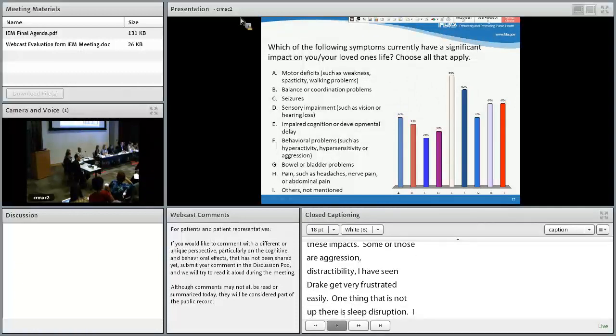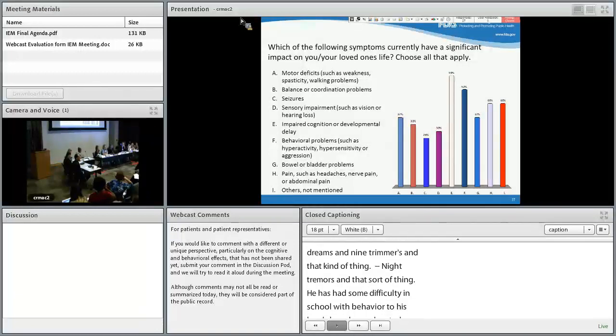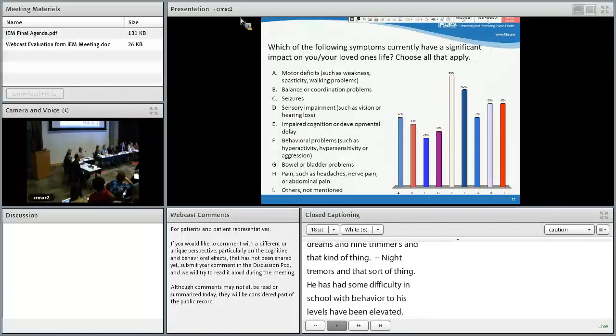I've seen some studies recently showing the impacts of sleep on learning, so I wonder what could be explored there. He sleepwalks sometimes when his levels are elevated, and has bad dreams and night tremors. He's also had some difficulties in school with behavior when his levels have been elevated. Thank you so much. Wanted to share that.